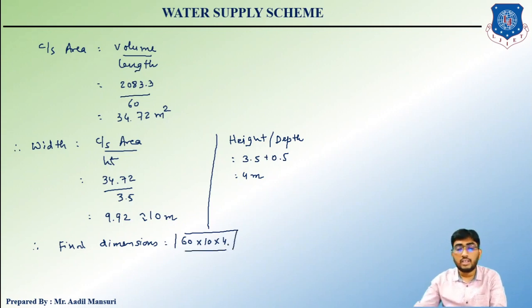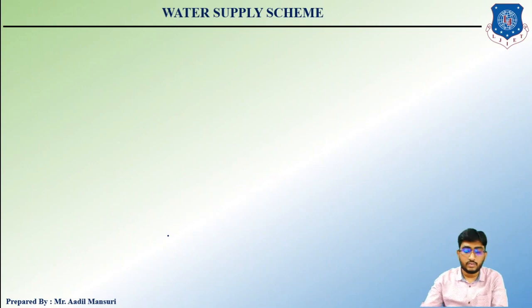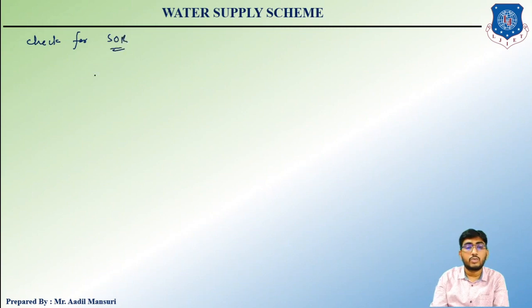Now check for SOR. SOR will be equal to Q by A, right? So this will be equal to 10 into 10 to the power 3 divided by plan area 60 into 10.